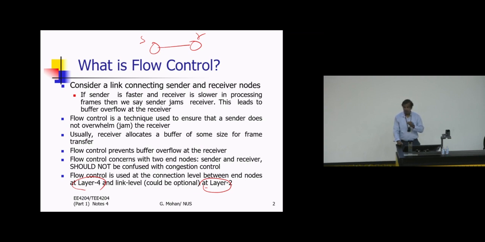Suppose the receiver is slower when compared to the sender. Let's say the sender is producing and sending 100 frames per second, and if the receiver is not able to process 100 frames per second, then we say that the sender is jamming the receiver because the sender is too fast. Note that all the 100 frames have reached the receiver. There's no problem on the bandwidth.